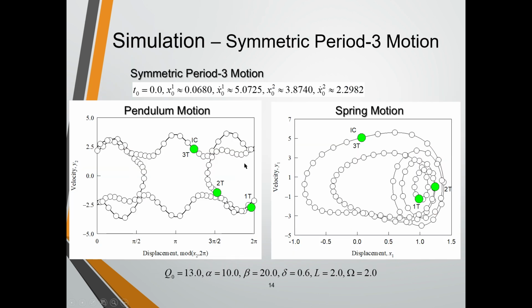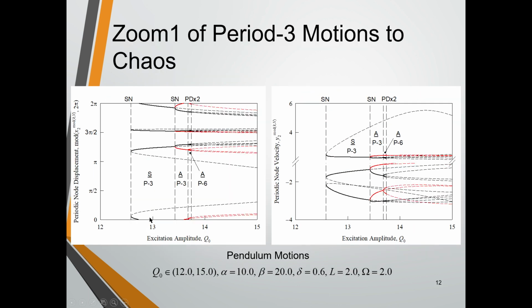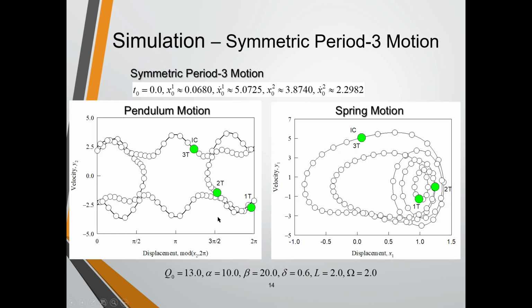Now let's look at some simulations. This is a symmetric period 3 motion that is taken at the excitation amplitude equal to 13, which is in this range. So the symmetric periodic motion we show is on the left hand side.